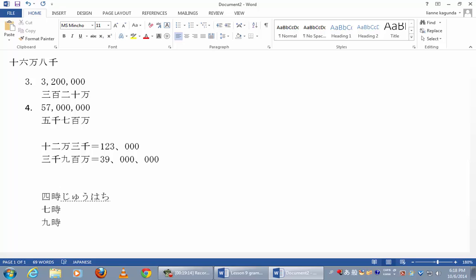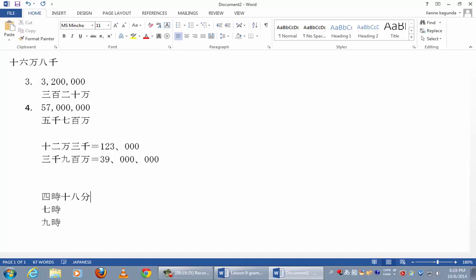But instead of saying hachi pun, because it's one of the ones that makes it shift, it would be juhappun. So instead of hachi, it becomes a small tsu, and then pun, juhappun, and it looks like that in kanji.